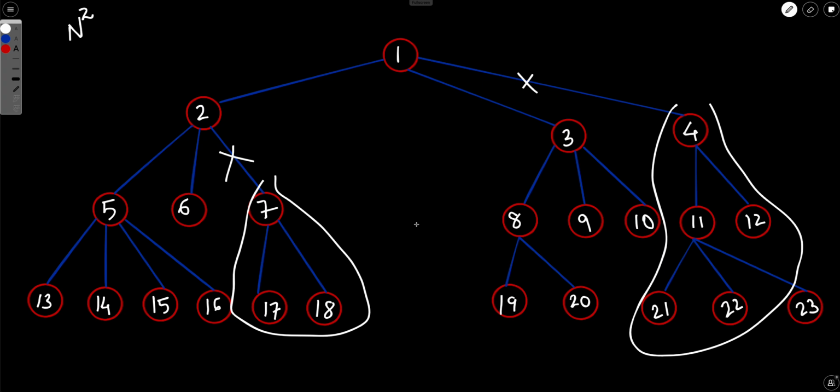To find the score, you can't iterate over the entire tree once again. You can easily find the score of each component by iterating, but you are not allowed to, because the complexity would be multiplied by n. You get all possible combinations of edges, and then you iterate over the tree to find the score, and hence this would be n cube, which will not pass as per the time complexity.